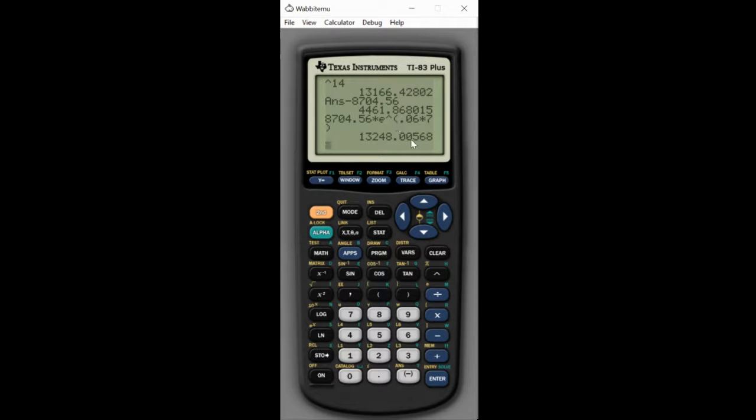$13,248. If I round to the nearest penny, guys, it's going to be 0.01, right? Because there's a 5 directly to the left of it. So 13,248.01. So let me come back over here.